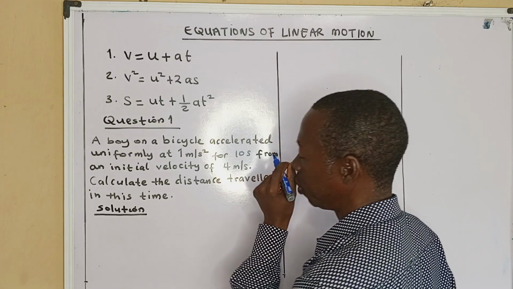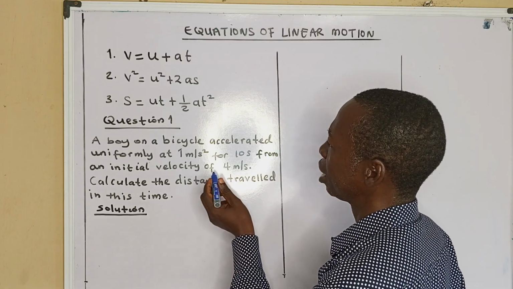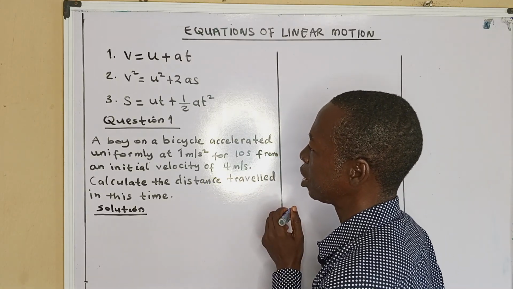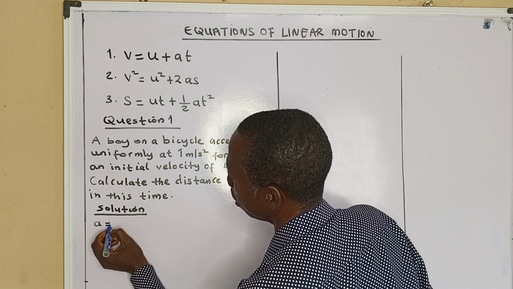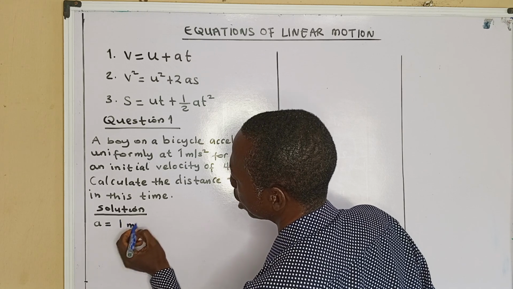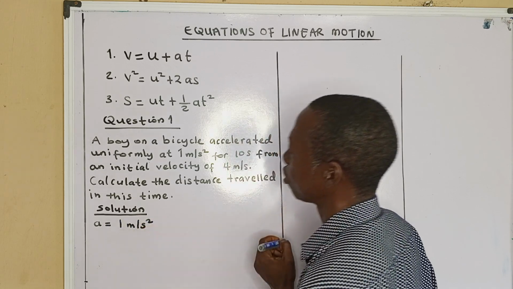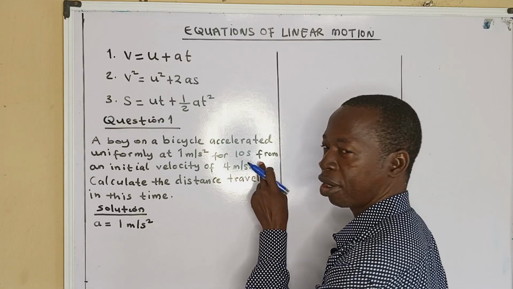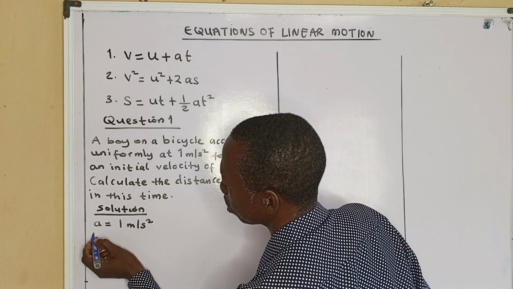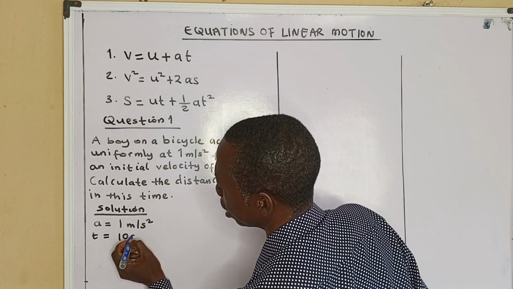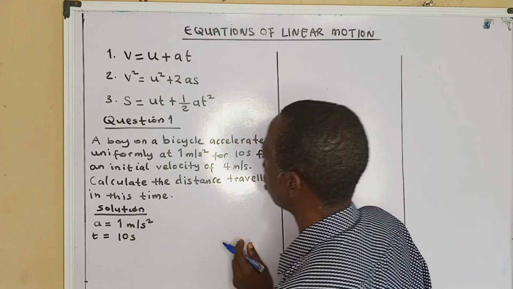Okay, now let's go back to the question. It says a boy on a bicycle accelerated uniformly. So the first value we are given there, we extract it out. a is 1 meter per second squared for 10 seconds. That is the time. We write that out: t is equal to 10 seconds.